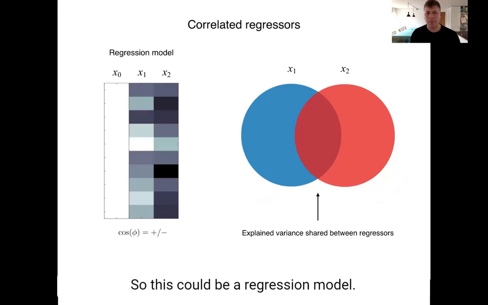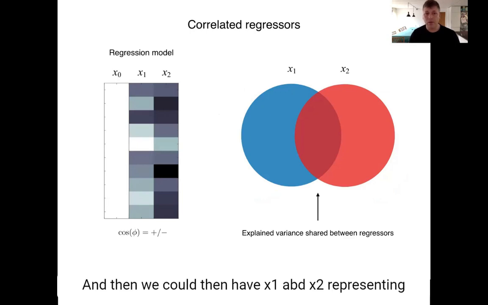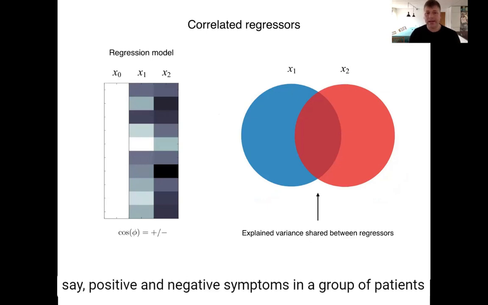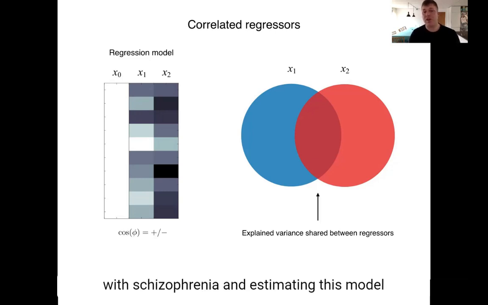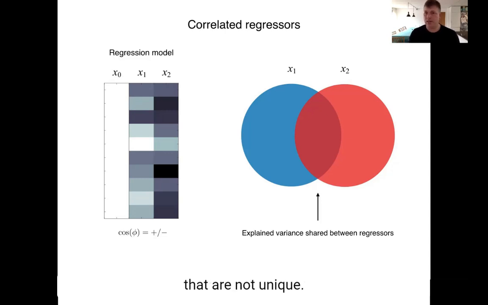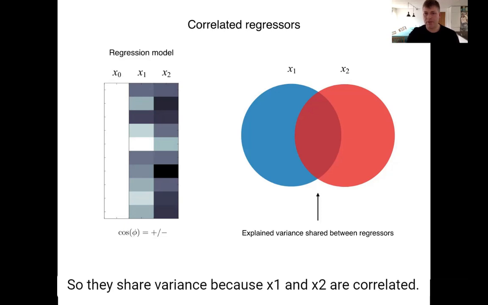So this could be a regression model where we would have the mean as x0, the constant, and we could then have x1 and x2 representing, say, positive and negative symptoms in a group of patients with schizophrenia. And estimating this model will result in beta parameters due to x1 and x2 that are not unique. So they share variance because x1 and x2 are correlated.